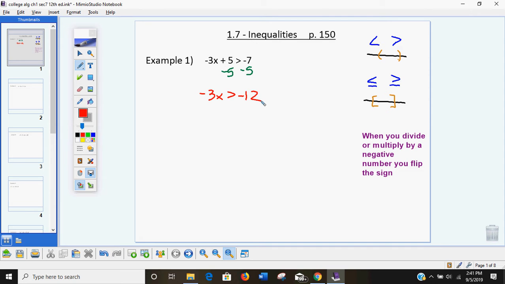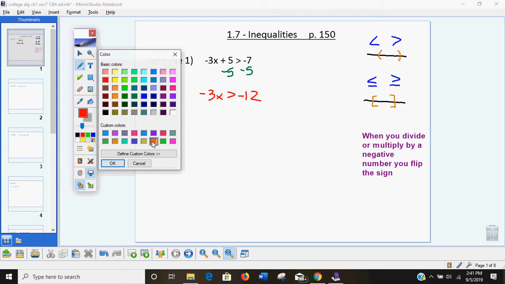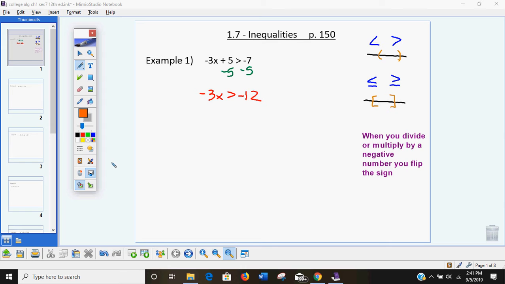Okay, next step to get x by itself is to divide by negative 3. So I'm going to divide by negative 3 on both sides. Now remember what we learned over here on the right. When you multiply or divide by a negative number, so when the number with the x is negative, you flip the sign.